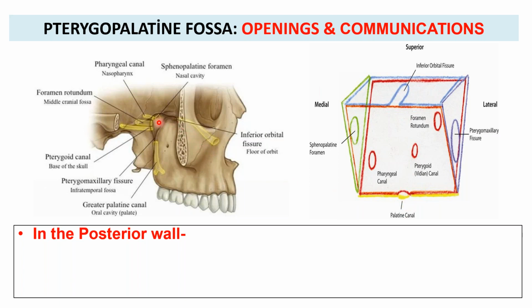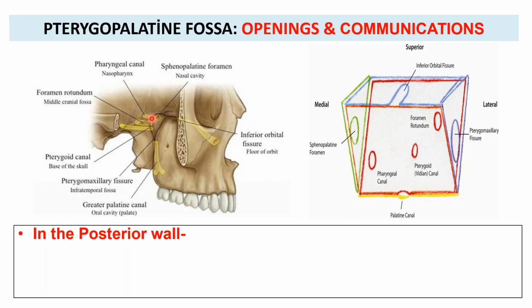So now the communications are in the posterior wall. This is the posterior wall of the pterygopalatine fossa. So look into the posterior wall now. You can see there are 3 openings in the posterior wall of the pterygopalatine fossa.